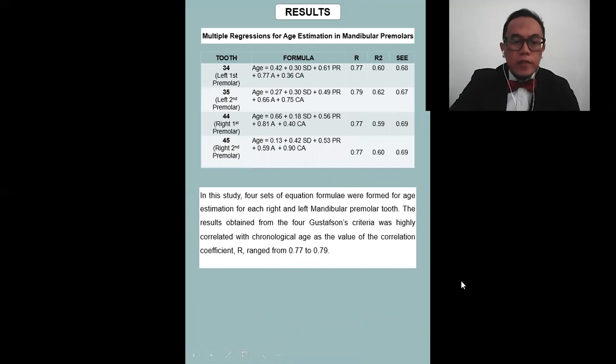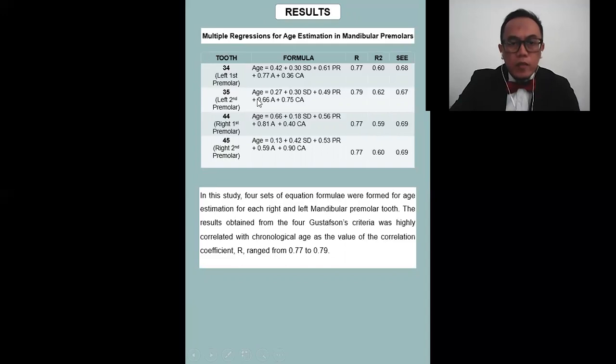This is the result. In this project, 4 sets of equations were formed for age estimation for each right and left mandibular premolar tooth.